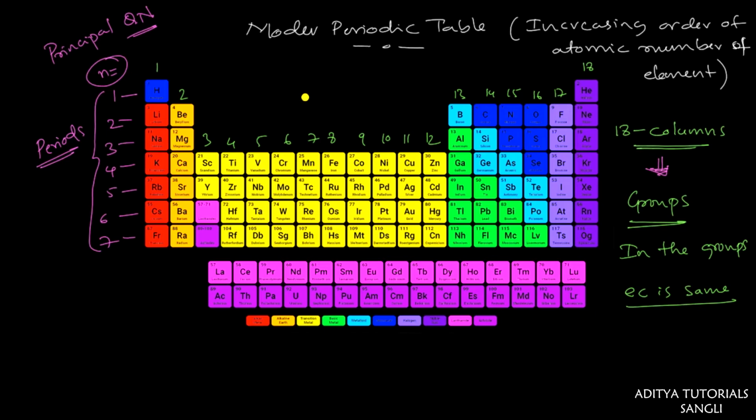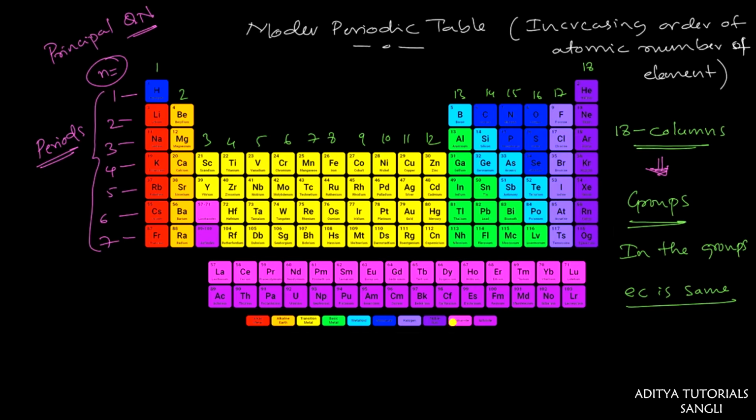So it means that if we take the first group, its electronic configuration is constant. All the elements belonging to this group have the same electronic configuration and the same chemical properties too. Okay, if I take the 18th group, those are all noble gases. They are less reactive because they contain 8 electrons in the outermost shell.